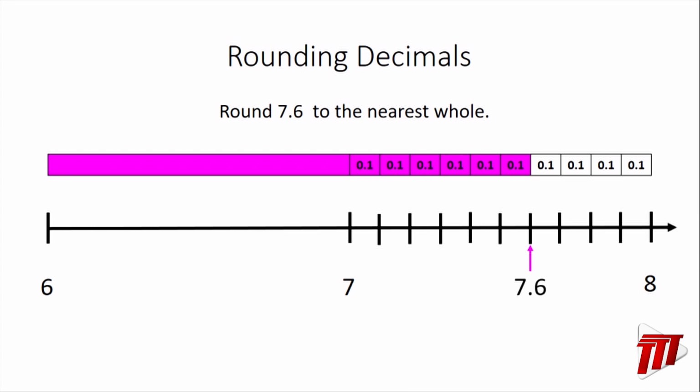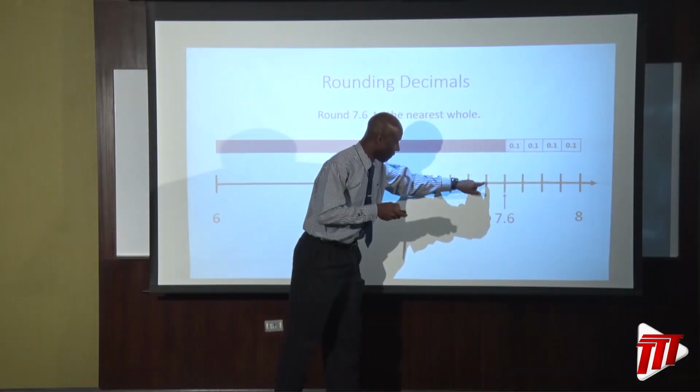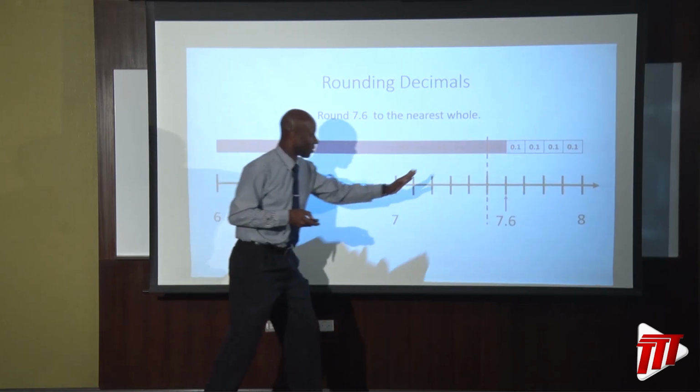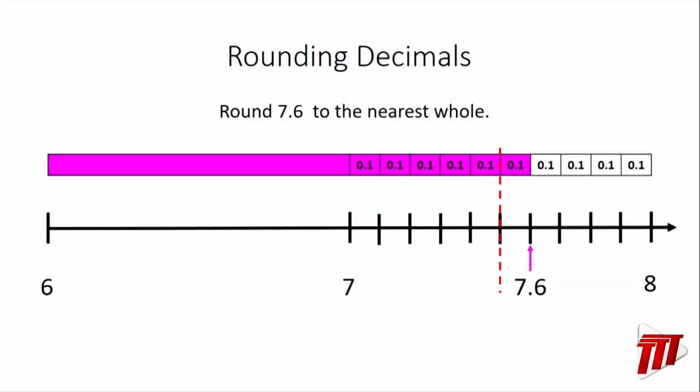So we have to round to the nearest whole. Let us identify the value that is halfway between 7 and 8. 1, 2, 3, 4, 5, that is 7 and 5/10. So this is our halfway point. If the value that we have to round is to the right of our halfway point, we are going to round up to the nearest whole.